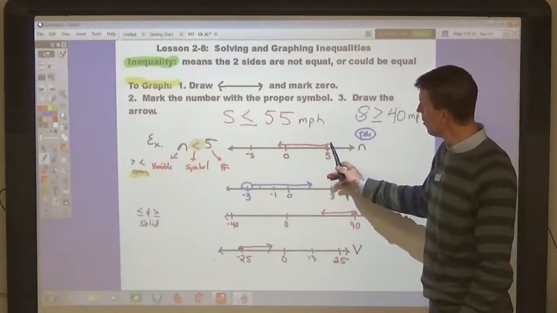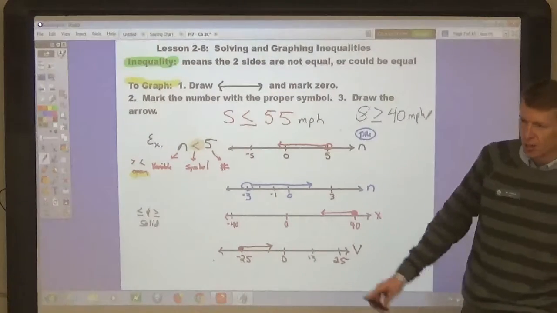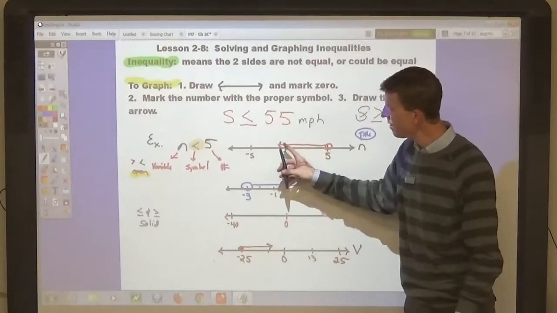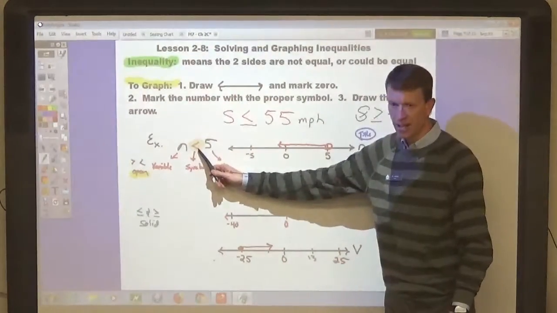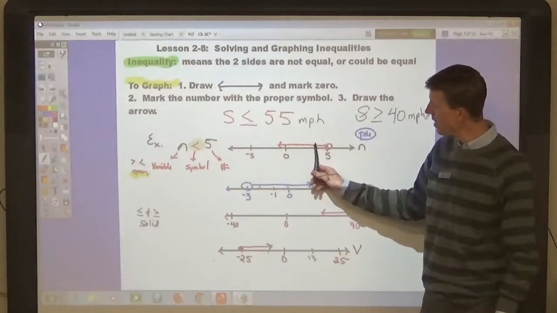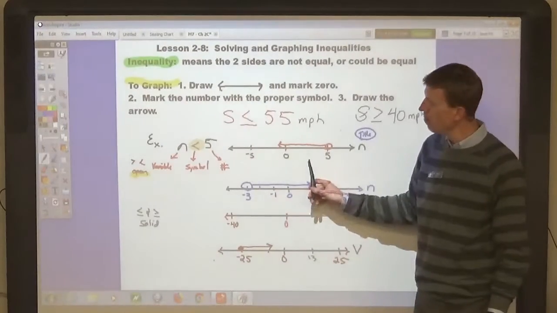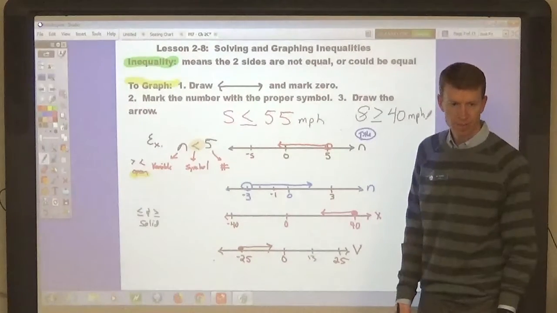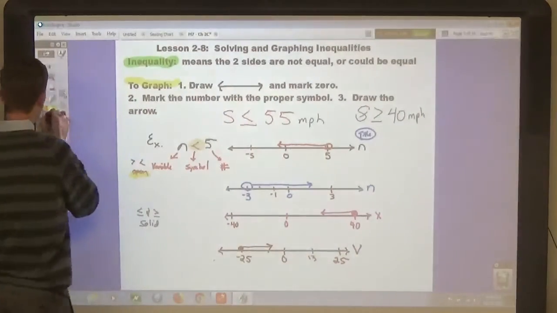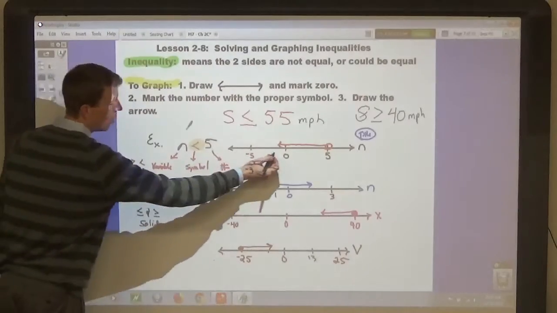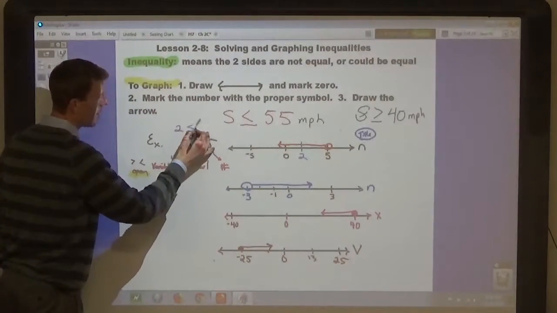And then you're going to draw a line, or what we call shading. You're going to draw a line based on what the symbol tells you. So if the symbol says less than, that means any of the numbers less than the number that's marked makes the statement true. What do I mean? Well, if we were to put a number in here, let's say we chose the number 2. 2 is less than 5.